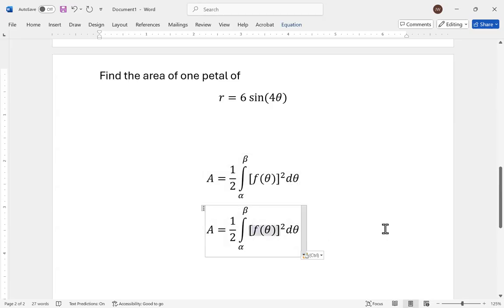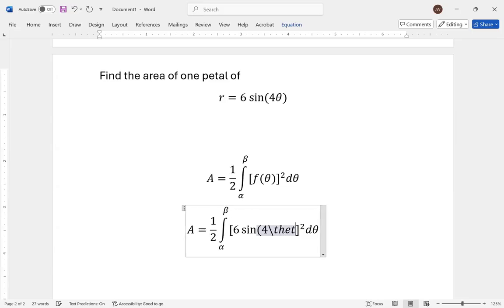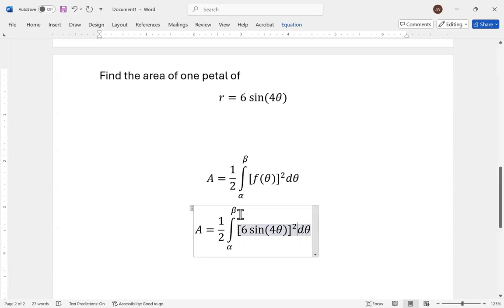So the function I'm dealing with is straightforward, 6 times sine of 4 theta. So I'm going to square that whole thing and then integrate from alpha to beta. Now I can trace using my TI-84, using Desmos. I think, though, I'm going to solve this one by hand.